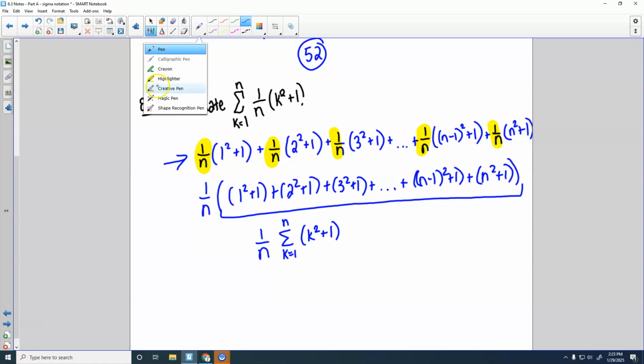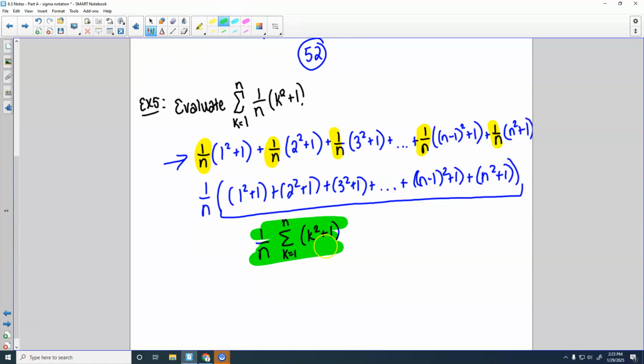Now, if I compare what I have here with what I have up here, what does this teach us? What does this show us that we can do? I can just move the 1 over n to the outside.